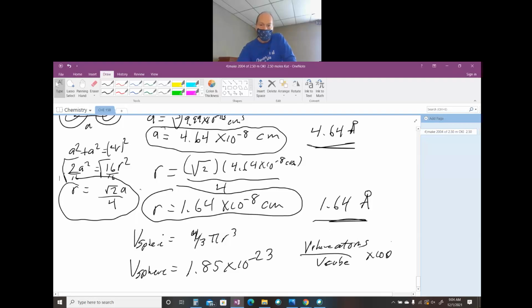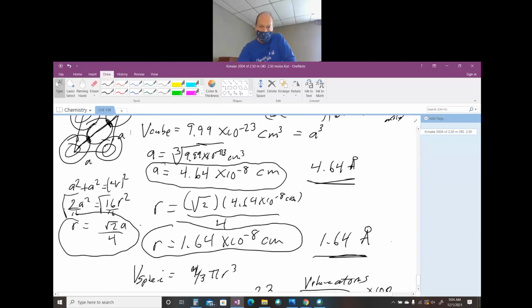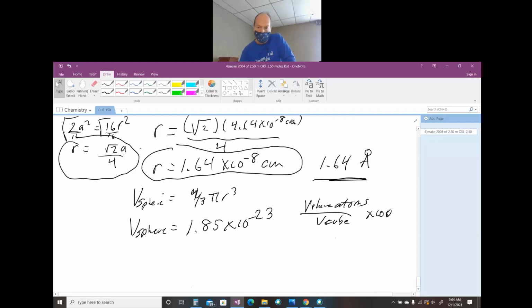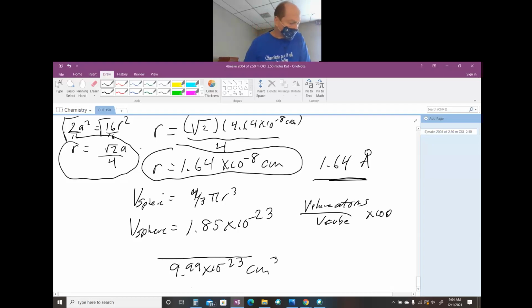All right, so the volume of the cube, 9.99 times 10 to the minus 23 centimeters to the third. That's the volume of your cube.